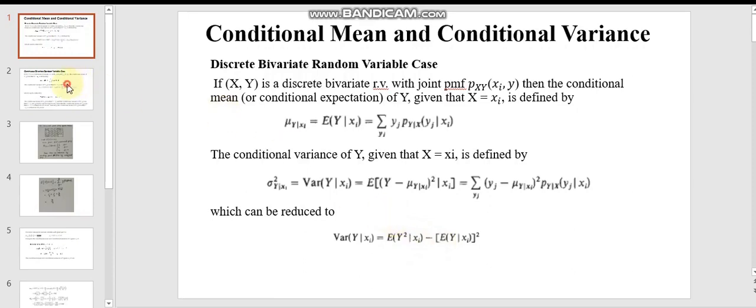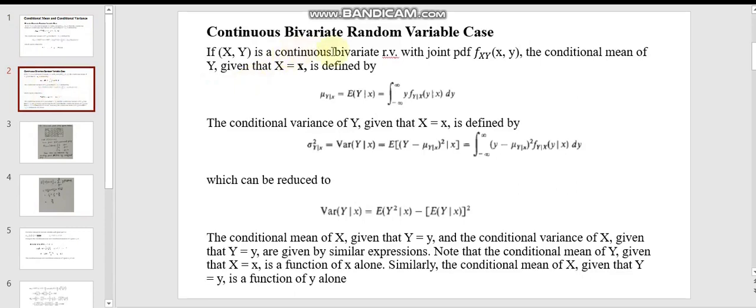Now let us talk about the continuous bivariate random variable case. So we have two random variables X, Y, which is a continuous bivariate random variable with its joint PDF, probability density function.